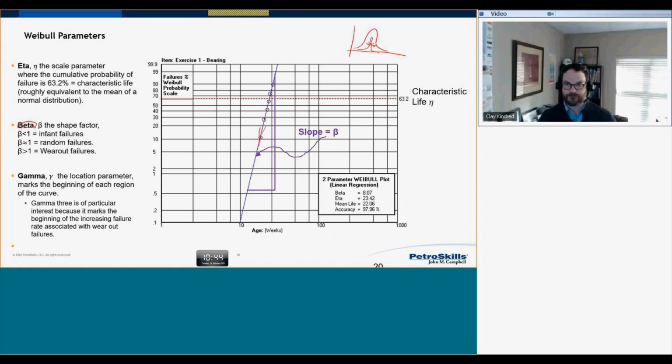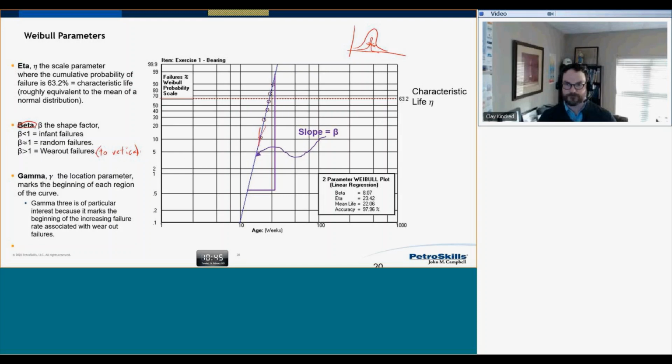If it's much more than 1, that is telling me that this is vertical. So my line has gone more towards the vertical. And that means if my line is closer to the vertical, I have a wear out. And that means to do planned maintenance makes sense.